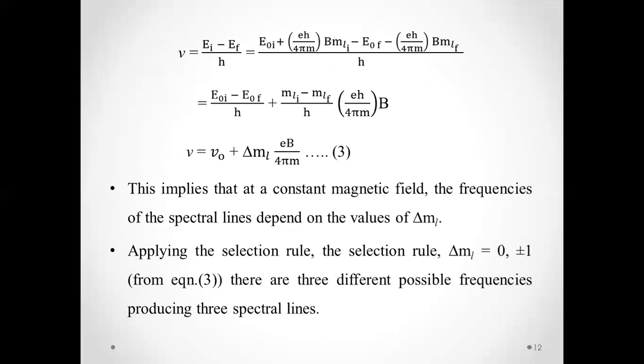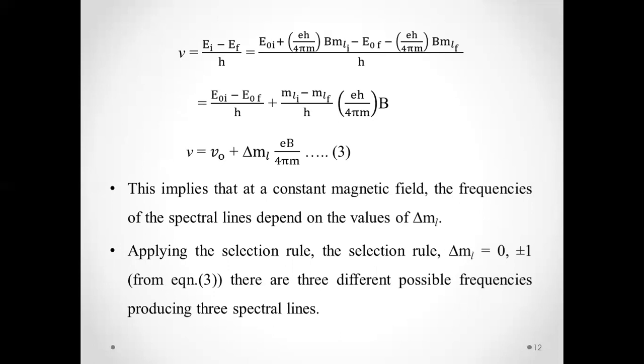Substituting the expressions for EI and EF, we get nu equals (E0I plus eh by 4 pi m B MLI minus E0F minus eh divided by 4 pi m into B into MLF) divided by h.